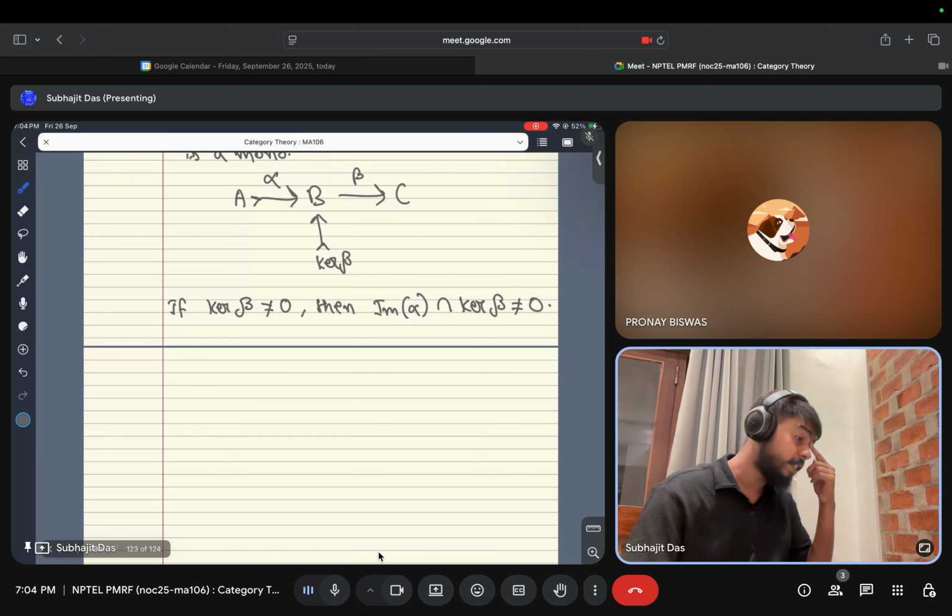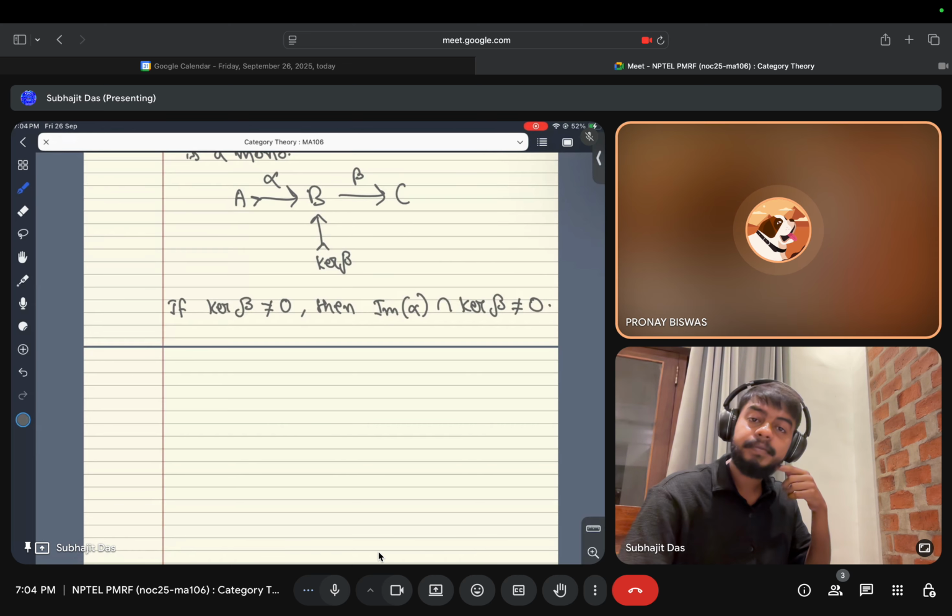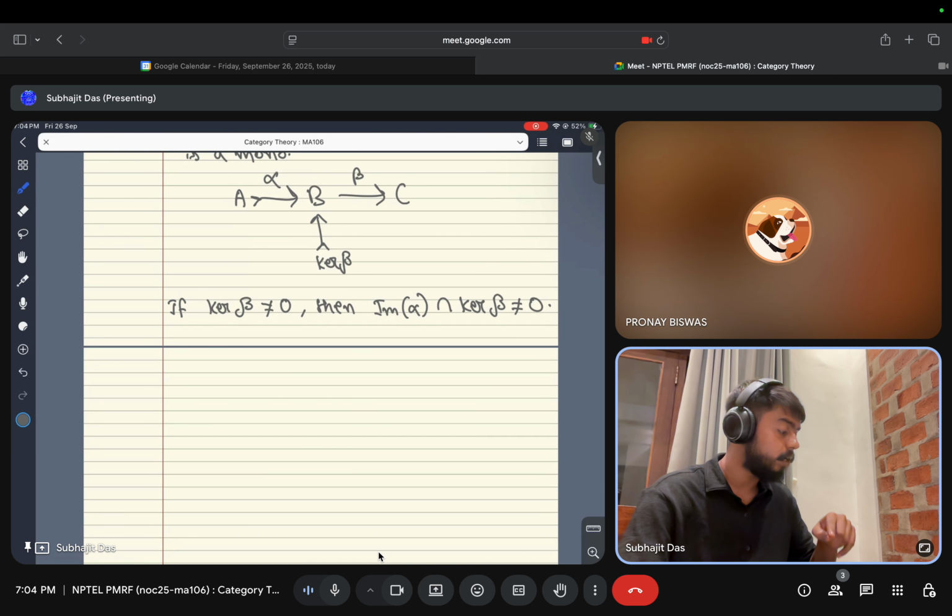So what the question is, yeah, okay. No, but this is what I'm asking. We want to obtain kernel of beta as a pullback, right? So we don't have kernel of beta a priori.